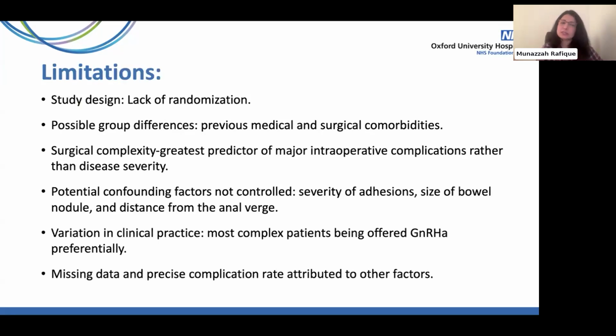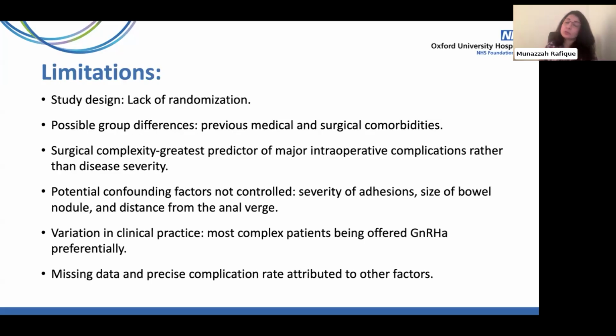A limitation is that we had no randomization. There might be some group differences because no data was collected on the surgical comorbidities. Moreover, we find that surgical complexity is the greatest predictor of major intraoperative complications as compared to disease severity.